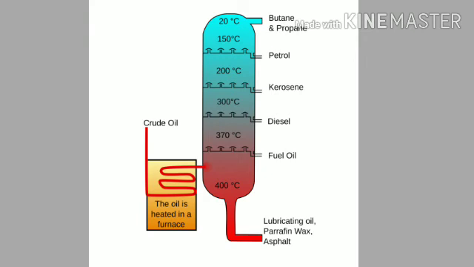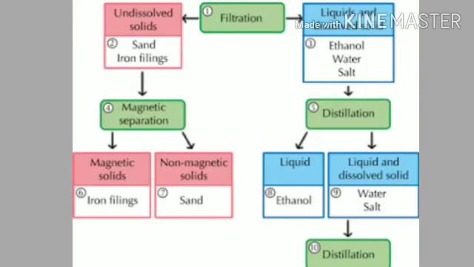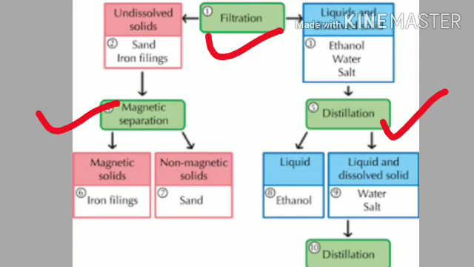In both cases, a series of separations is necessary to obtain the desired end product. So, in a separation technique, it is not necessary that we always get an element or compound, but we may get the desired substance. So, we use a proper separation technique to obtain the desired substance from the given mixture.